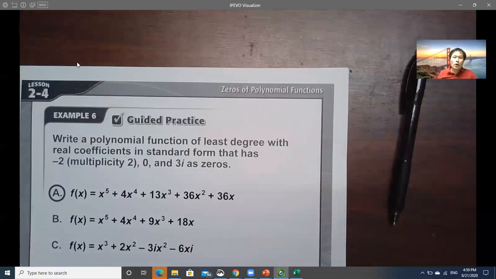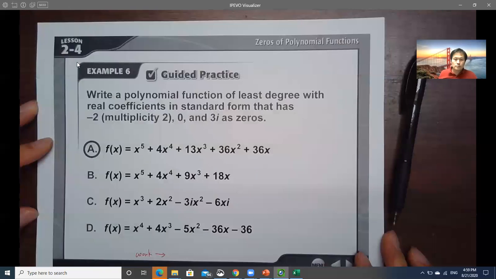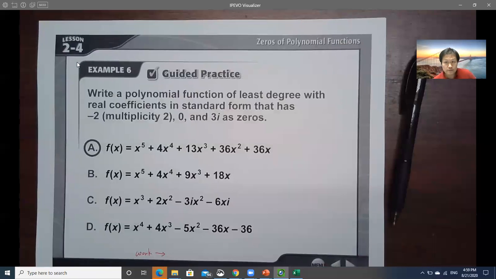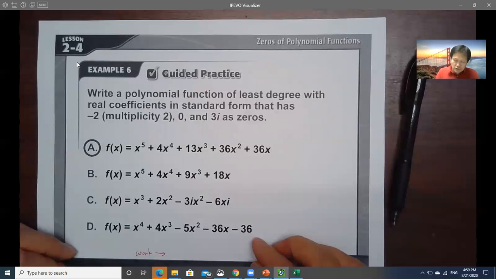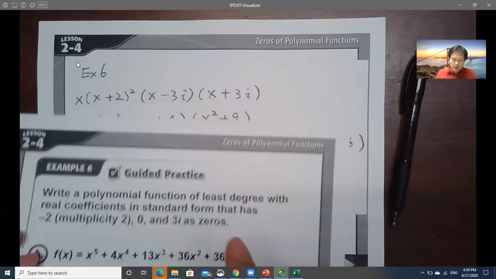Okay, you should pause the video. Please try this. Okay, I already did the work here. Negative 2 with multiplicity 2, so negative 2 here.